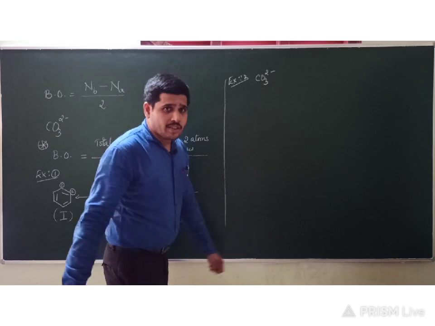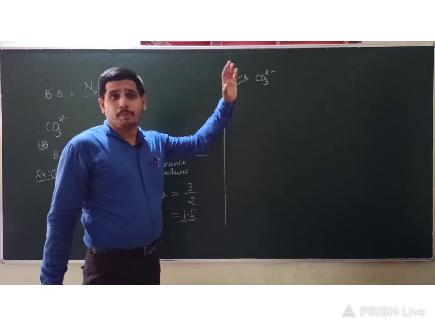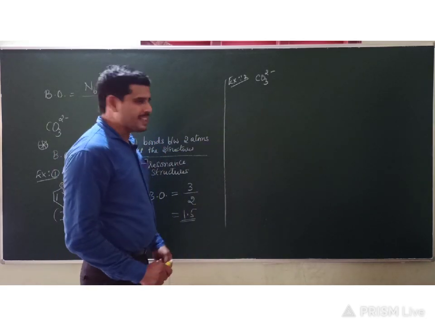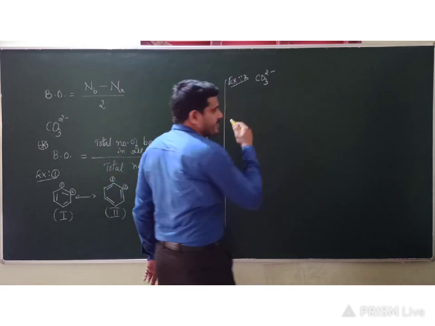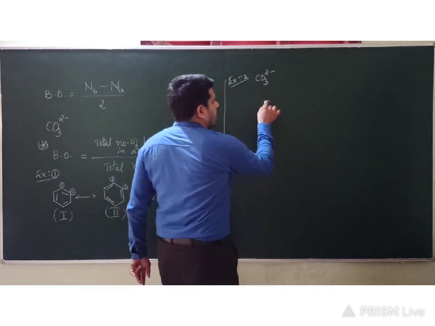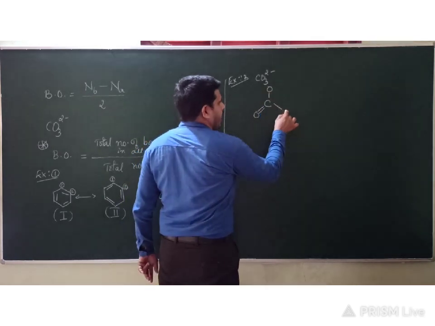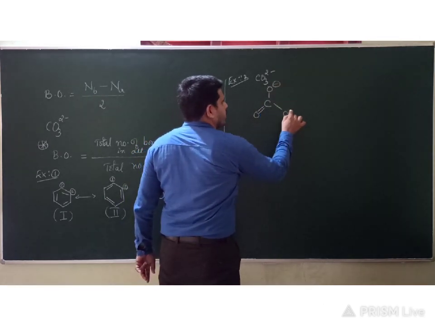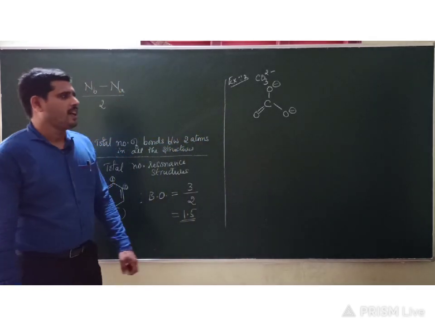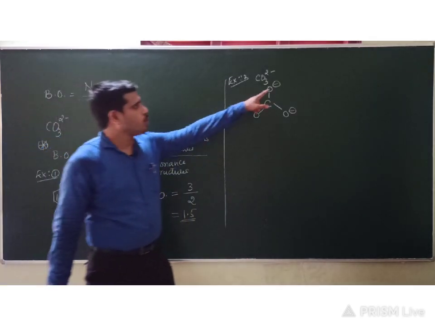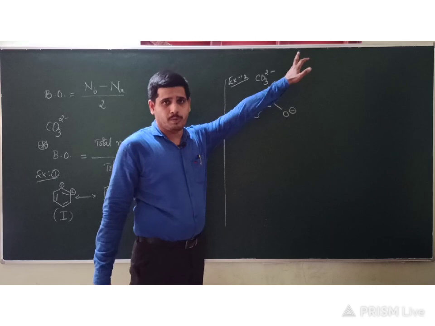The resonance structures of carbonate ion should be written first, that you should know. So how do we write the resonance structures of carbonate? Carbon double bond O, now here single bond and here single bond. You know this, isn't it? So CO3 2 minus, or the overall charge can be written as 2 minus, fine.